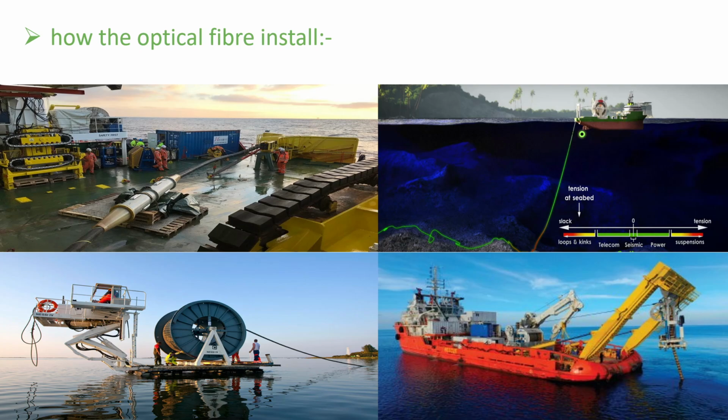Here one ship is moving forward and launching a fiber optic wire, and the wire is installed on the seabed, the lower part of the sea, where it is hilly. You can see the wire down there, installed. Then the ship goes forward and installs it with speed. Here you can see several prototypes of how the fiber optics are installed.